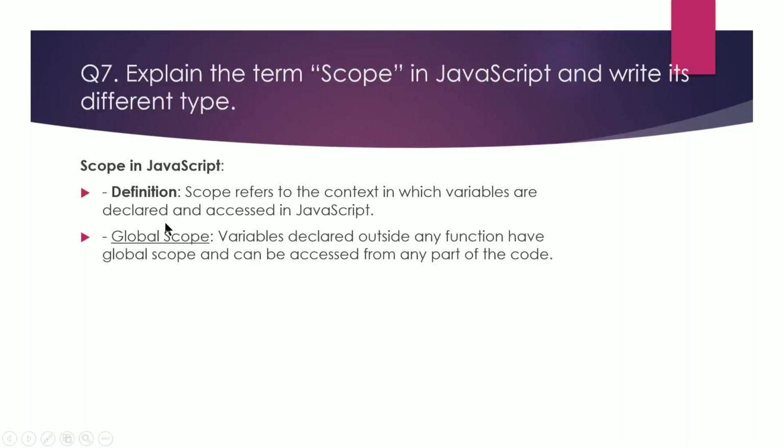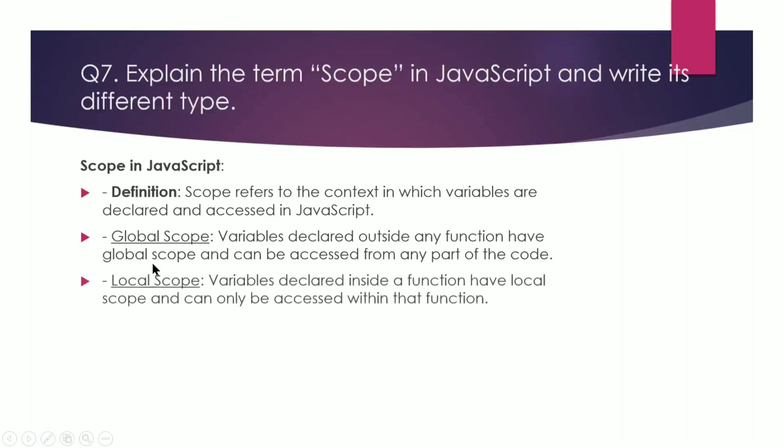The first type of scope is global scope. The global scope says variables declared outside any function have global access and can be accessed from any part of the code. These are those kinds of variables that can be accessed anywhere in your code. The next scope is local scope.